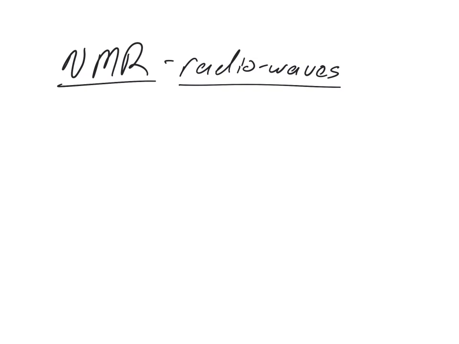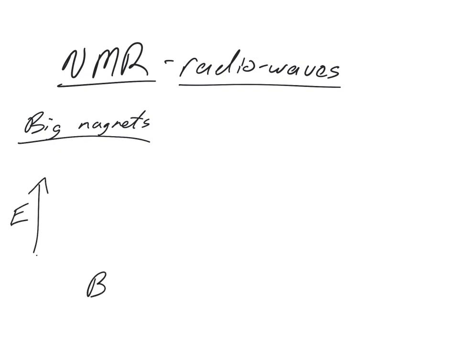The way we do that is with big magnets, big magnets in really controlled magnetic fields. So essentially, what we have, they usually call it beta naught, is a magnetic field.